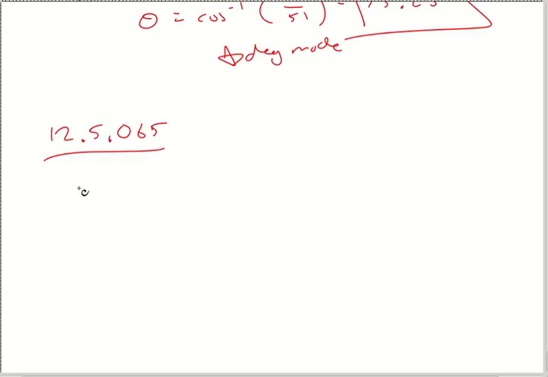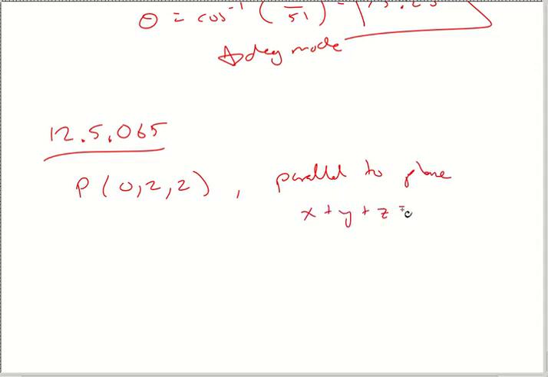Okay, I have a point 0, 2, 2, and they want it to be parallel to this plane x plus y plus z equals 1, and perpendicular, yeah, I said it, it's okay, to x equals 1 plus t, y equals 2 minus t, and z is equal to 2t.